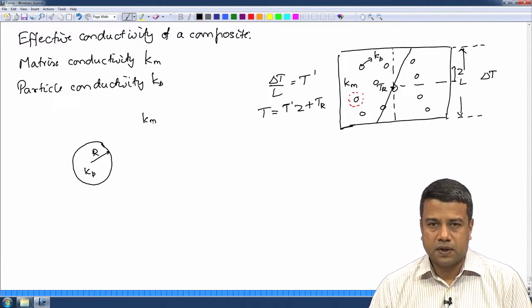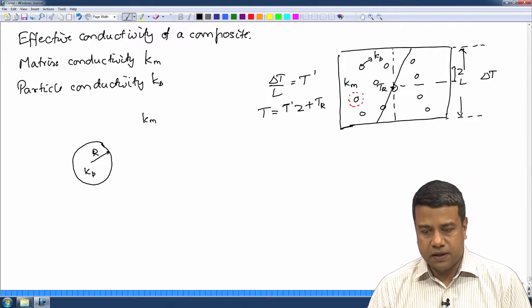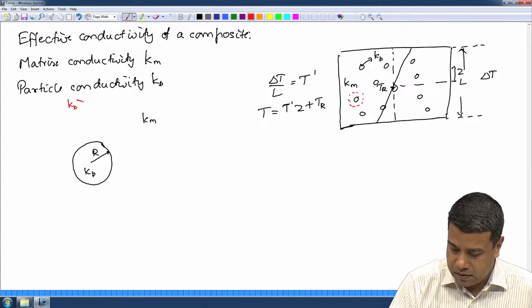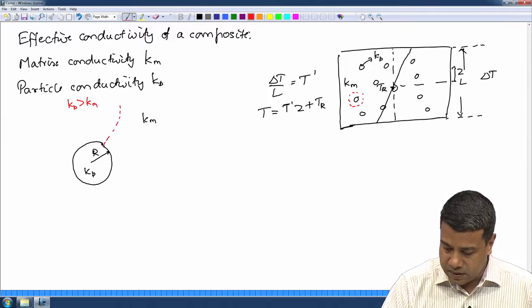Now, if I look at the flux lines, if the particle conductivity were greater than the matrix conductivity, the flux lines would much rather go through the particle.